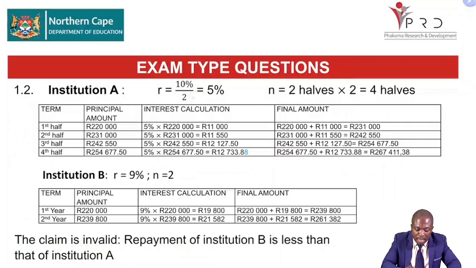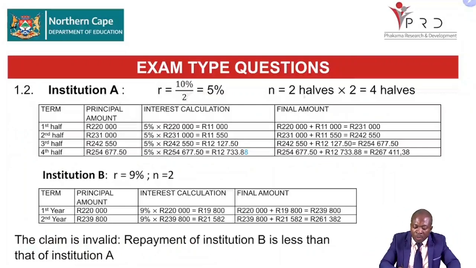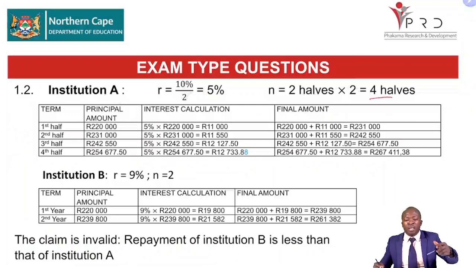Institution A, can you see that we are on 10% divided by 2? Why? Because institution A, the interest rate is compounded half yearly. Then the time, we are going to say 2 halves times 2 years, which is going to give us 4. Meaning the 4 halves means we have to do 4 calculations.